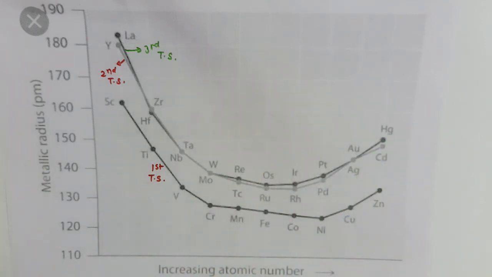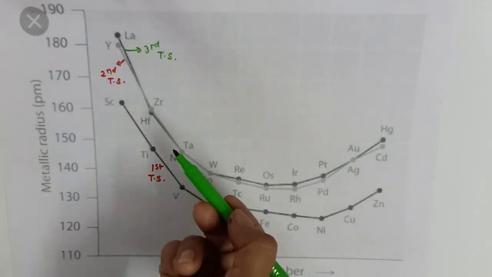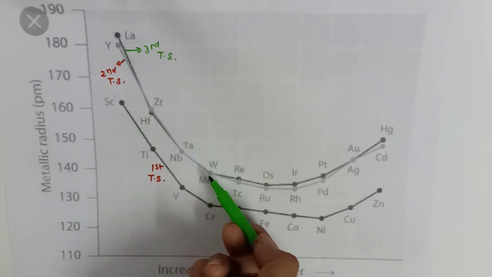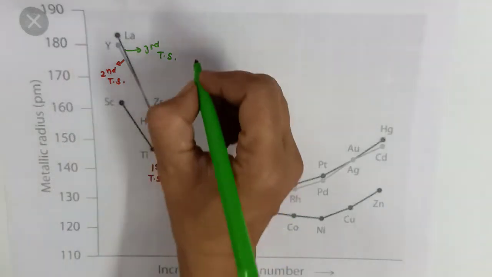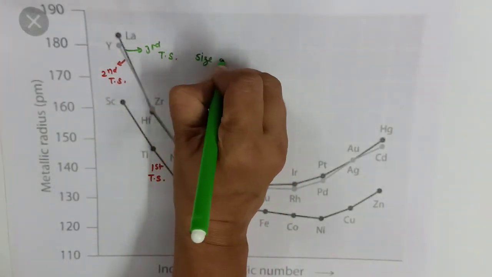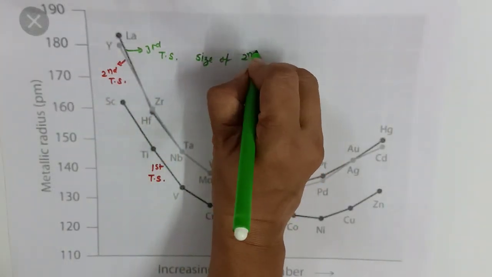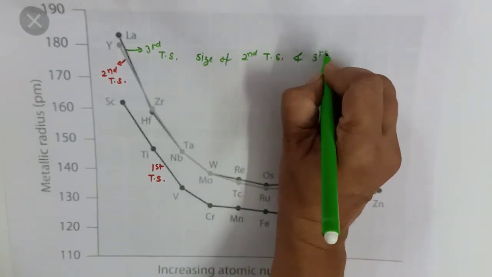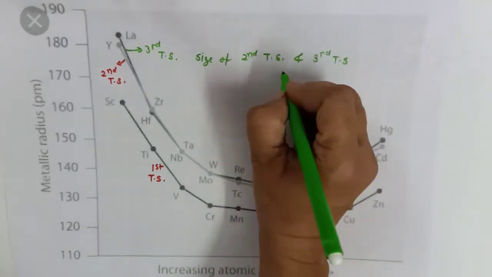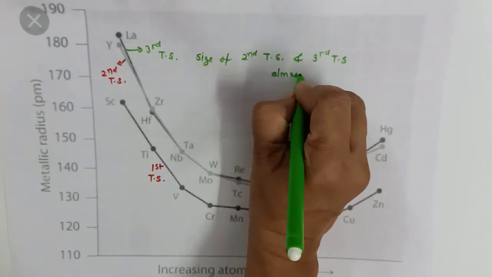But the interesting thing, you can see that the second and third transition series graph lines are coinciding. That means the size of the second transition series and third transition series is almost same.